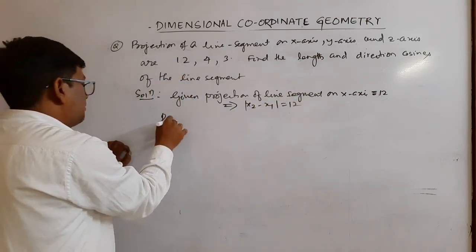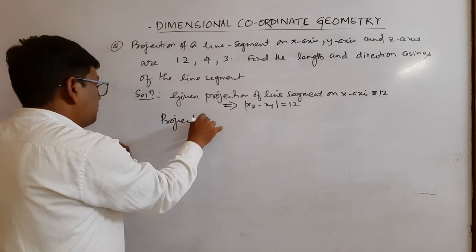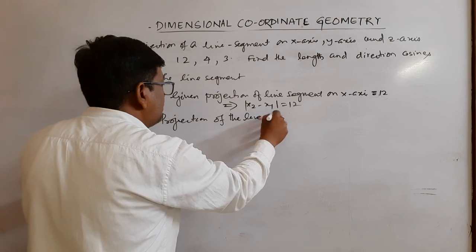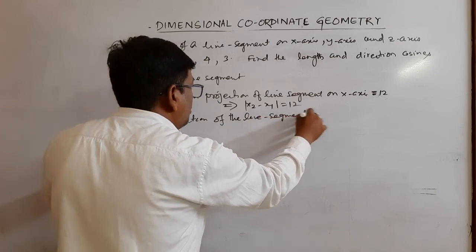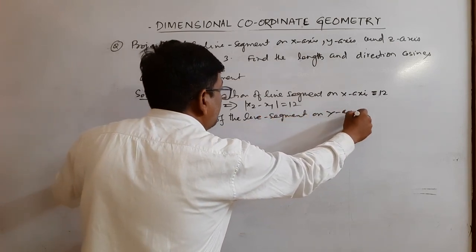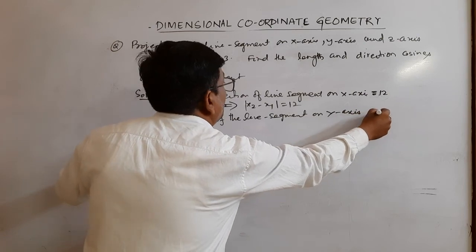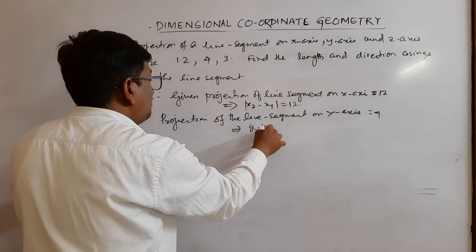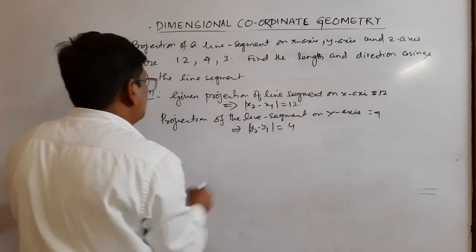Projection of the line segment on y-axis is 4, that implies mode of y2 minus y1 is equal to 4.